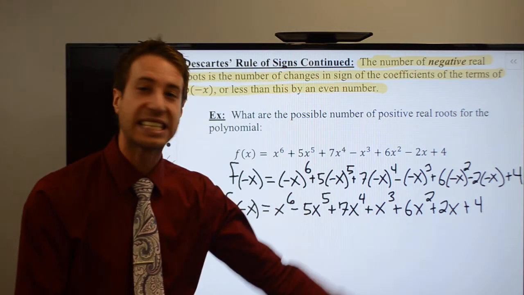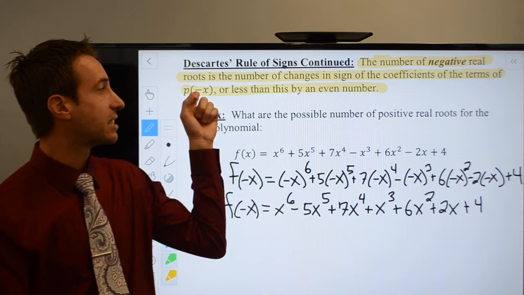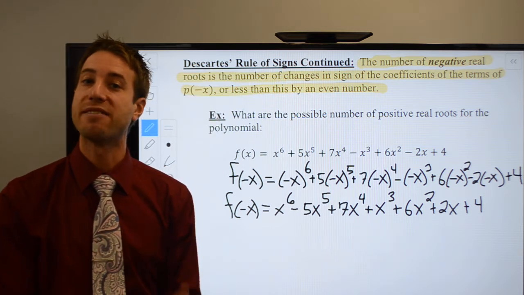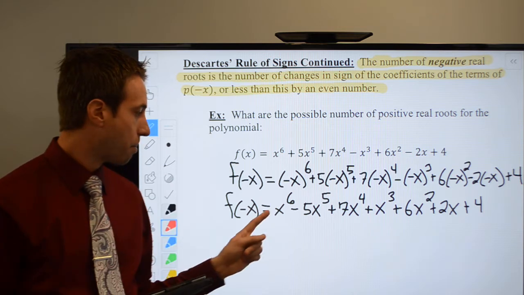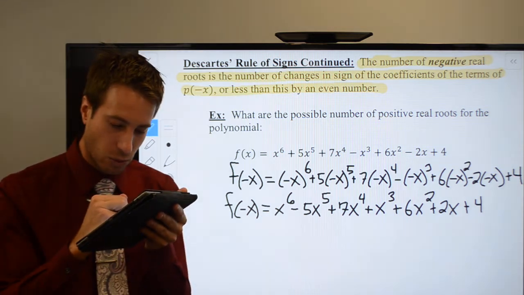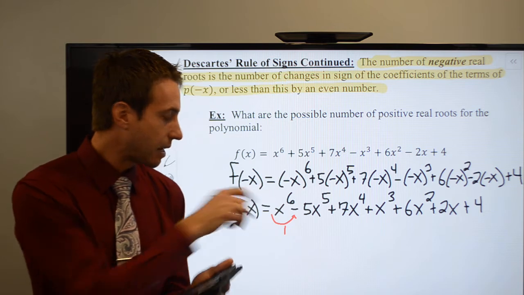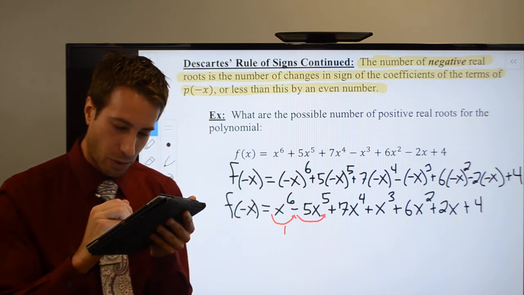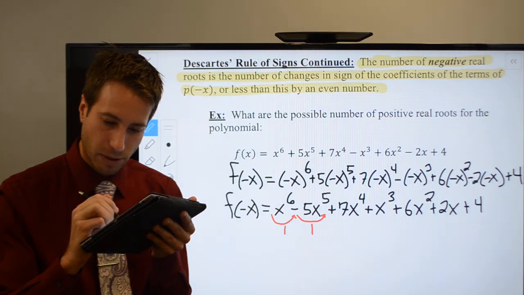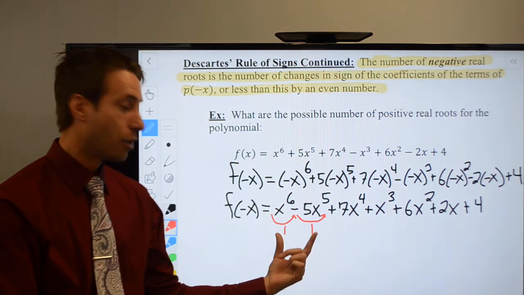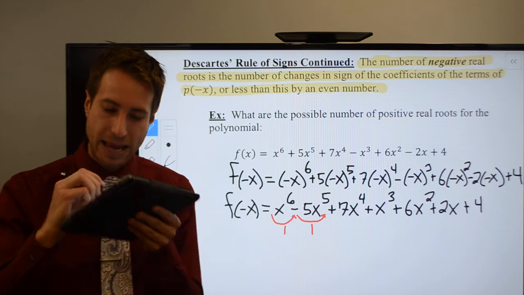Now that I've taken care of that, I've given myself the polynomial with the domain value of negative x. Count the sign changes. Here we go. Positive to negative, that's 1. Negative to positive, that's another one. Positive to positive, nope. Positive to positive, nope. Positive to positive, positive, positive. Okay, so that's it. Those are my only two, and so now I make my list.